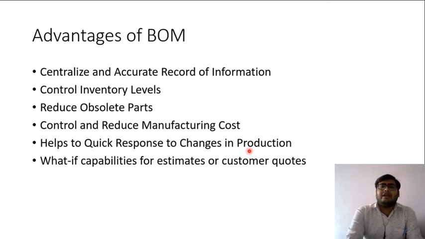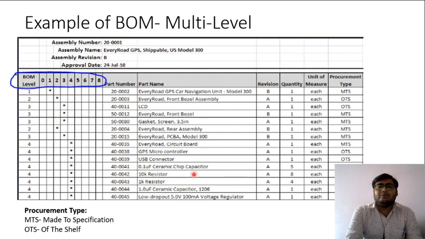So it will be helpful in changes in production. Also it will give us what-if capabilities. What do we mean by what-if capabilities? Suppose I want to find out what if I change the material of a part to another material, what will be the effect on cost? So I can simply look at the bill of material.